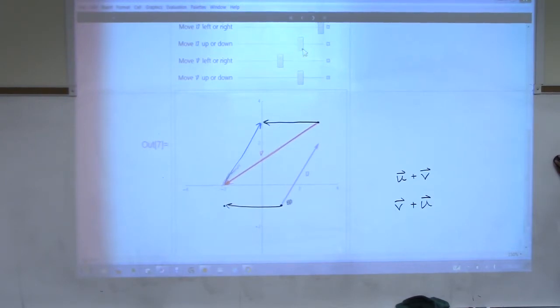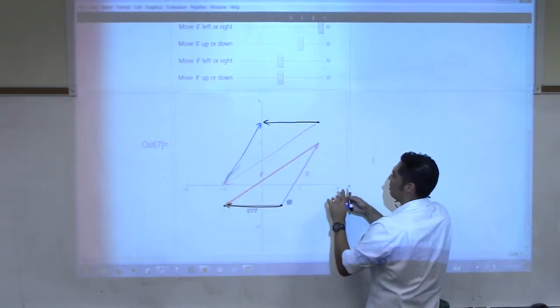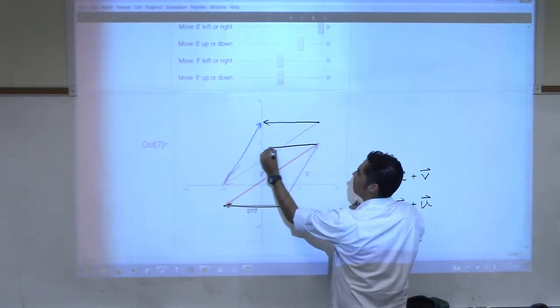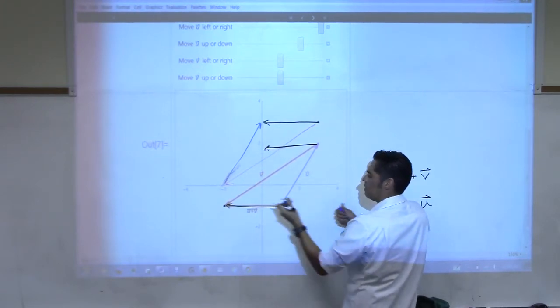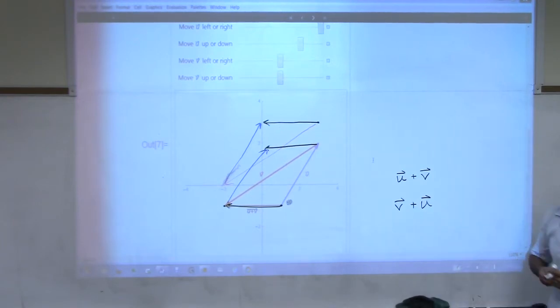I'm a little offset because I didn't move things properly, but imagine if we just shifted this down a little bit. Can you all see this?